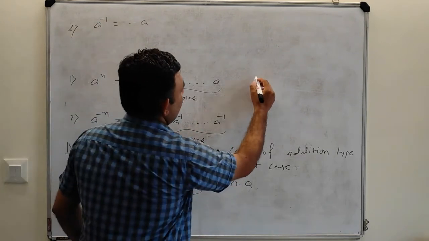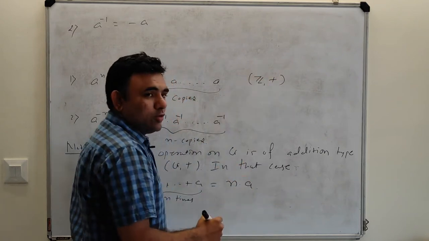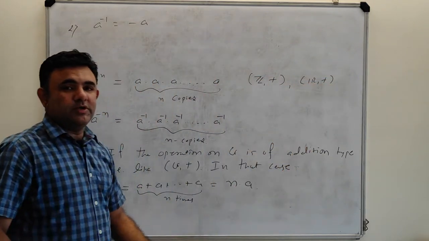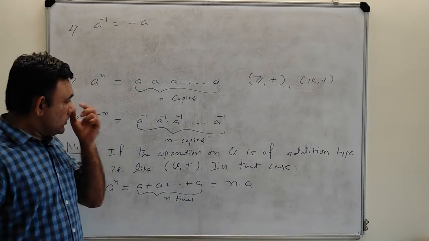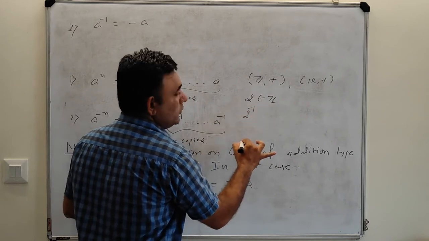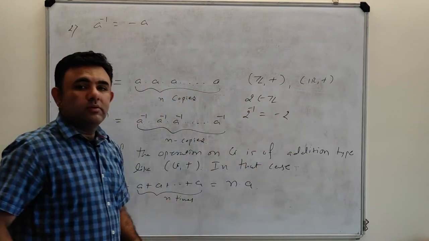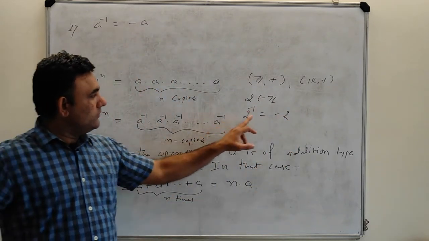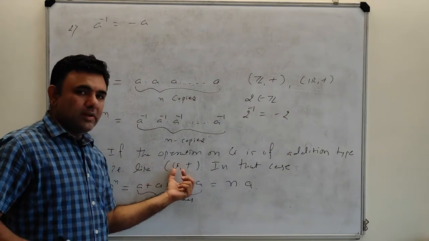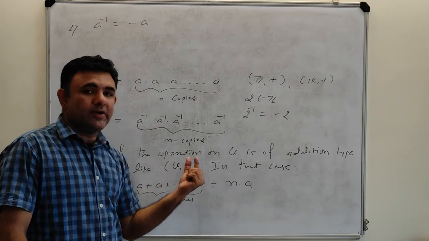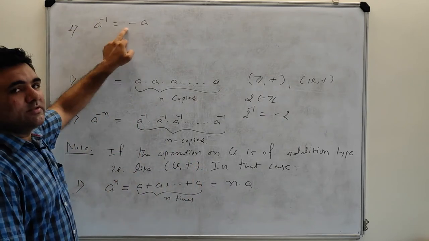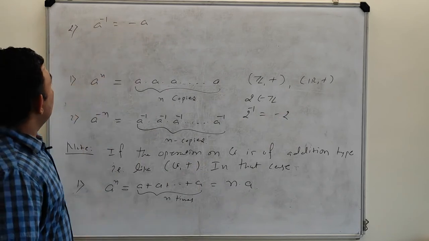For example, Z plus, R plus, C plus, Q plus, all these are groups. Suppose I consider 2 belongs to Z, then what do you mean by 2 inverse? 2 inverse is minus 2. So in the same way, if my operation is of addition type, the inverse is denoted by the minus a symbol.